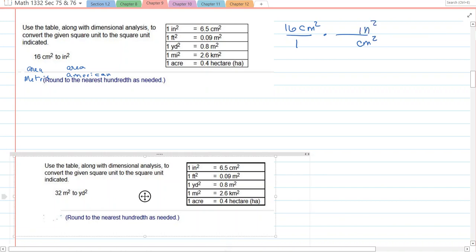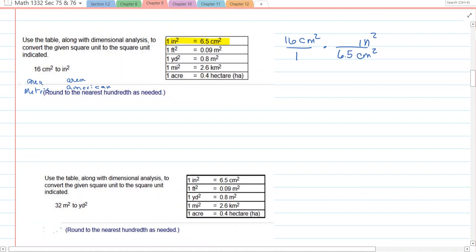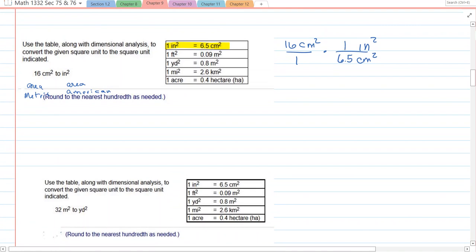So I'll look, and I notice that the first one is the one I need to use for my identity. So it says 6.5 centimeters squared is equivalent to 1 inch squared. Now, once I do that, the centimeters squared cancel, and I end up with my desired change in measurement.